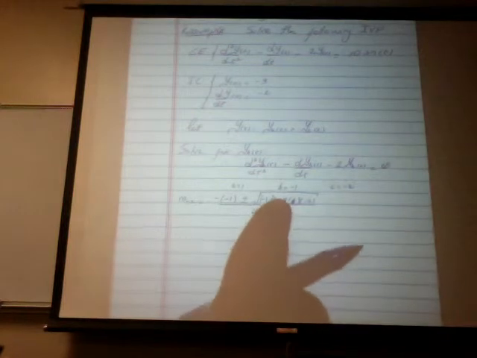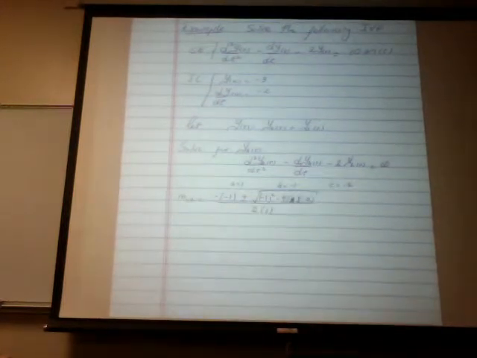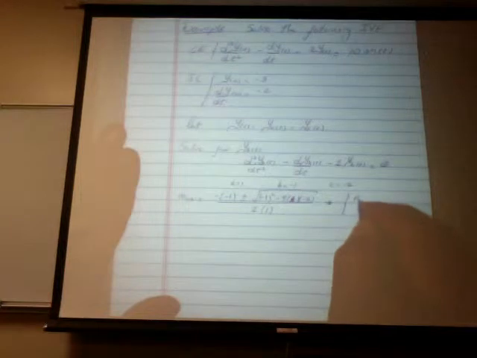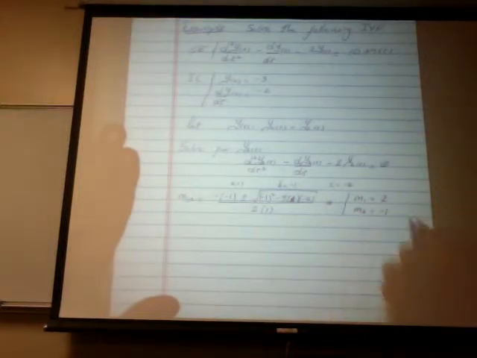And as you can see, that leads to real roots because the argument b squared minus 4ac is positive 9. So this is 1 plus minus 3 over 2. That leads to m1 equals 2, m2 equals -1. It doesn't really matter what order we express them in. Those are the two roots of the auxiliary problem.